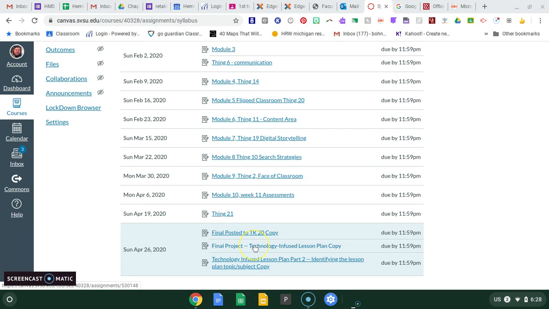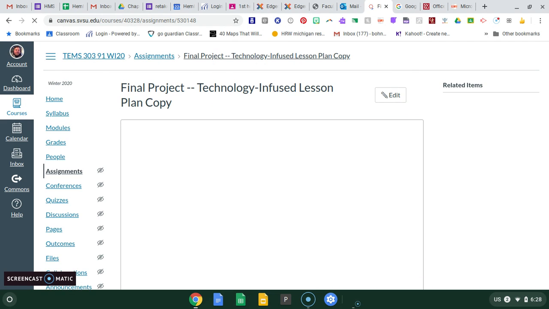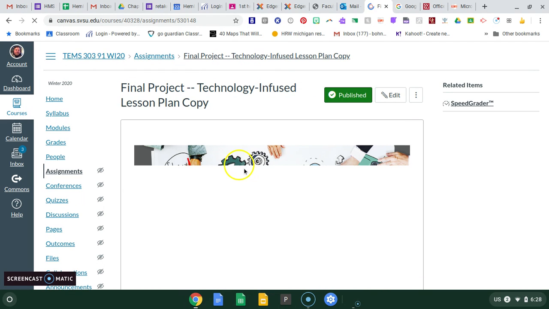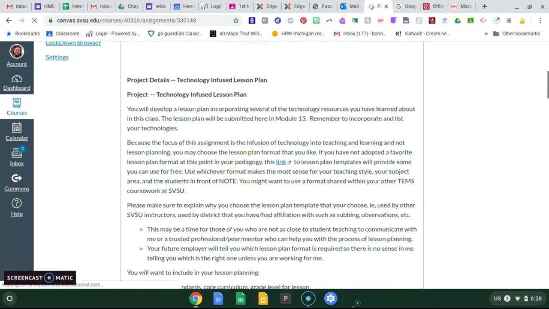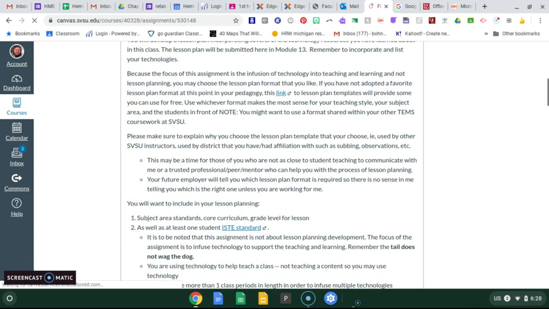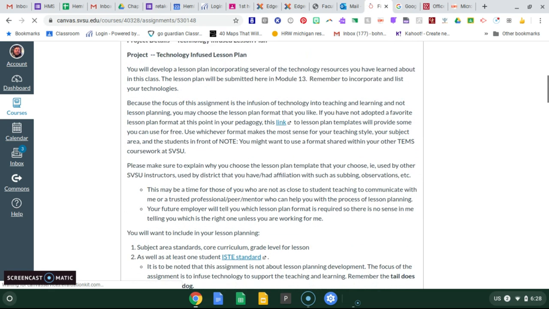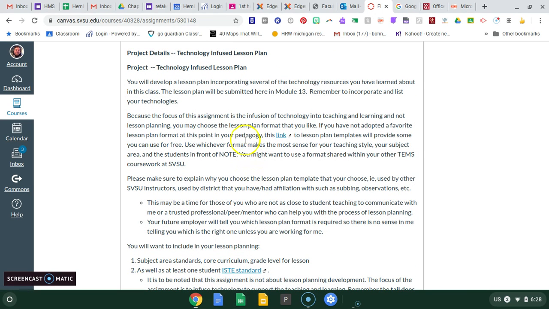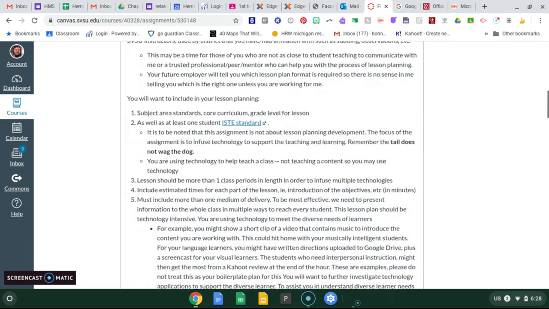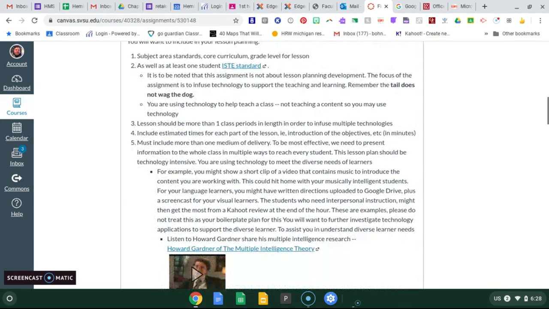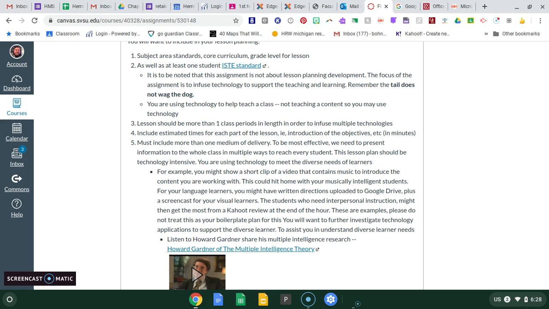Final project, your lesson plan goes in here. And I know that in the directions, again, these were taken from a combination of instructors here. The part where it says it has to be multi-day doesn't necessarily have to be multi-day, but you do need to have multiple forms of communication or multiple forms of technology.